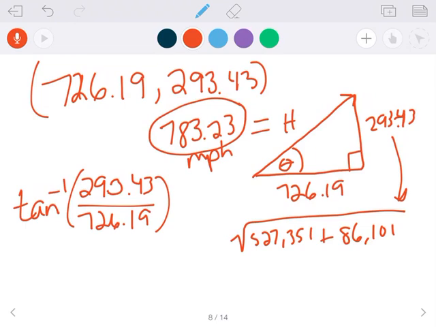And I get an angle of 22 degrees, which also makes sense because we know it's going to be going a little higher than it originally intended. It was originally 15 degrees. Now it's going to be 22 degrees.